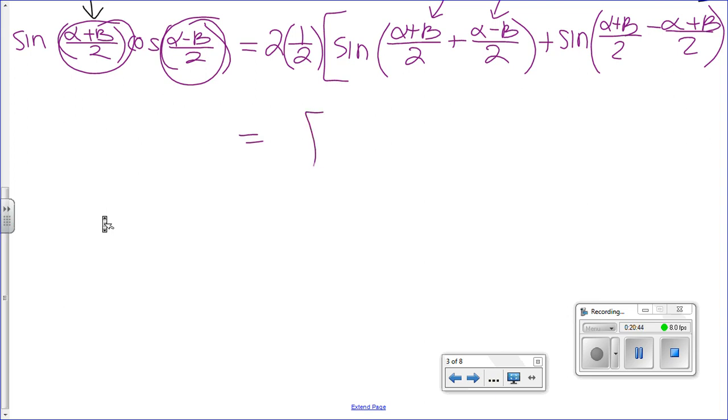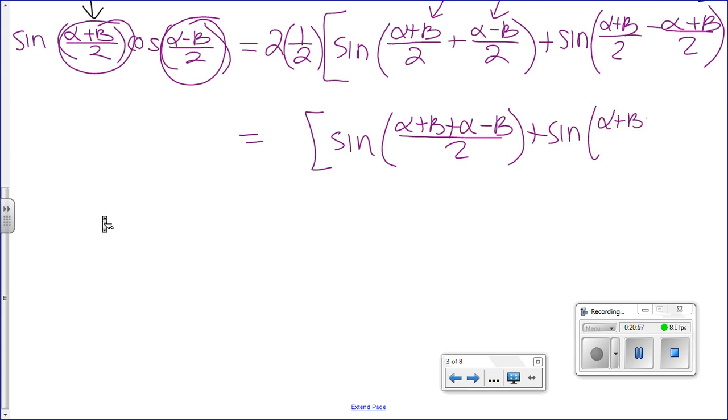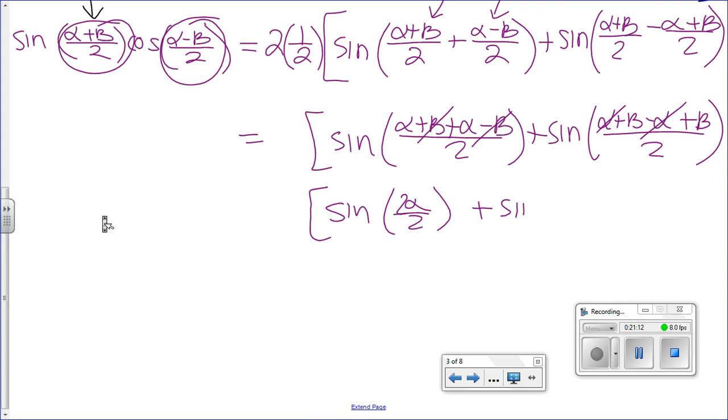So then we will say sine of alpha plus beta plus alpha minus beta over 2 plus sine of alpha plus beta minus alpha plus beta over 2. And then again, we could see that beta will cancel here, alpha will cancel here, and then we will have sine of 2 alpha over 2, sine of 2 beta over 2.